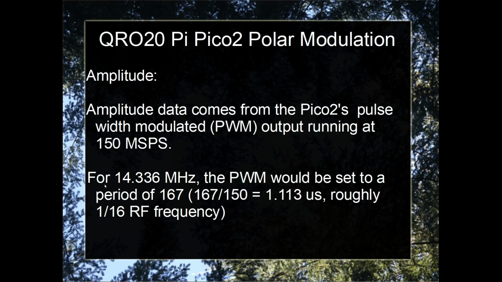For the 14.336 megahertz example we're using, the PWM would be set to a period of 167, which is the nearest value to that frequency that works for this architecture. That works out to about 1.113 microseconds, which is as close as we can get to 1/16th of the RF frequency.